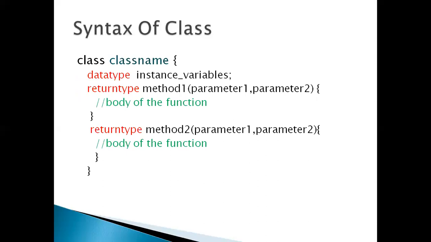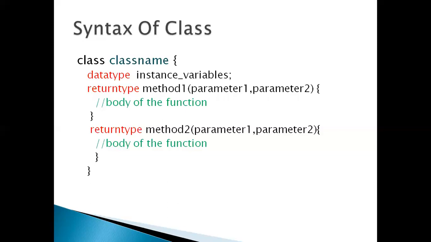So this is the syntax of a class. We write it as class followed by class name. Then it includes the instance variable and we need to mention the data type of the instance variable. Then we need to mention the return type of the methods and we can pass parameters to the methods.